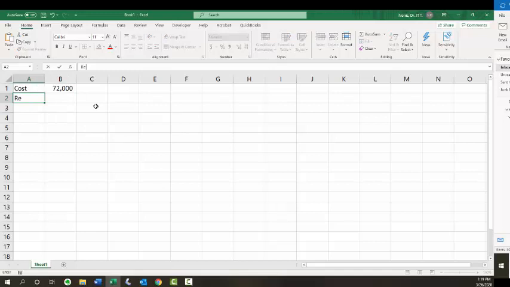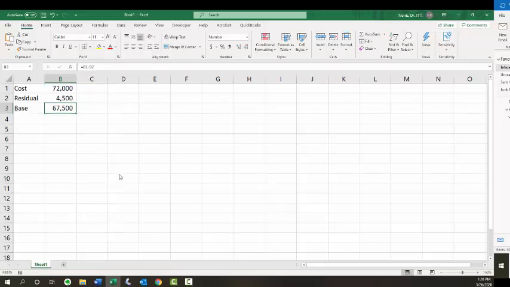The residual value is 4,500, which gives us a depreciable base of $67,500. All right.